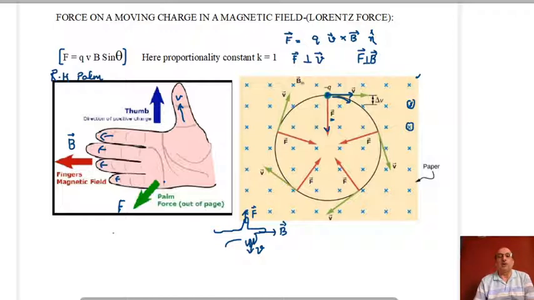So according to Fleming's left hand rule, the forefinger represents the magnetic field, the other finger represents the direction of motion of the charged particle, then the thumb will represent the force.